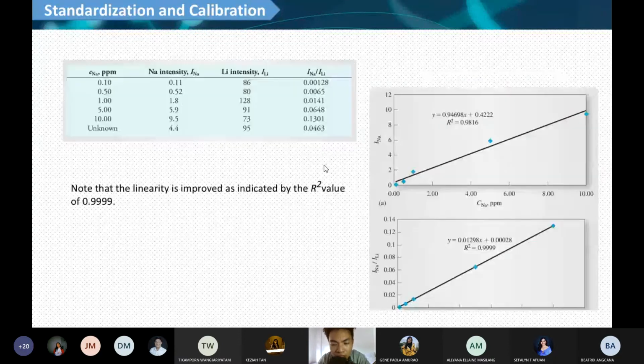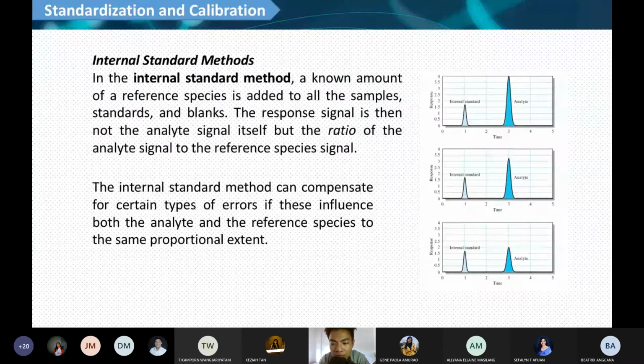You also establish calibration curves. But the only difference is that the calibration curve for external standard is done before analyzing your sample. For internal standard calibration, your calibration curve is done when you analyze your sample together with your reference solution or your standards.